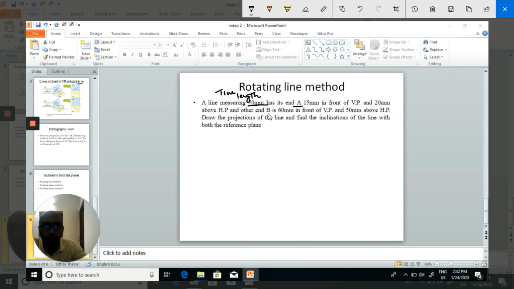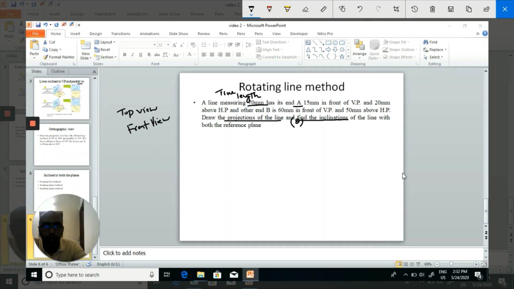And point B is 60 mm in front of VP and 50 mm above HP. We have to draw the projections of the line, that is, we have to find the top view and front view of the line AB. Also, we have to find the inclination angle, the angle theta.